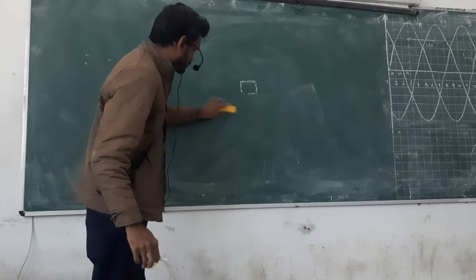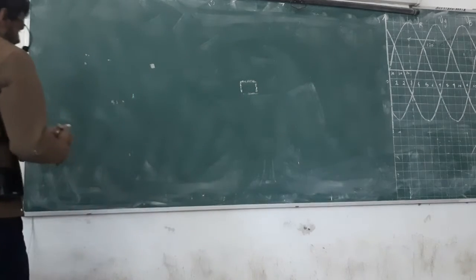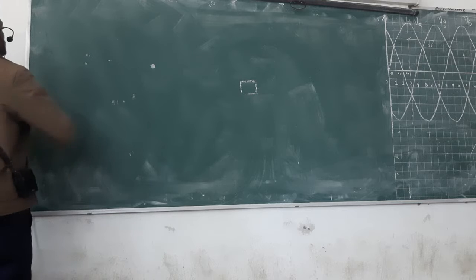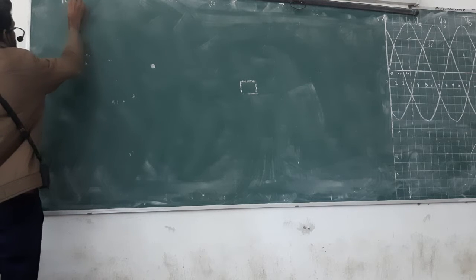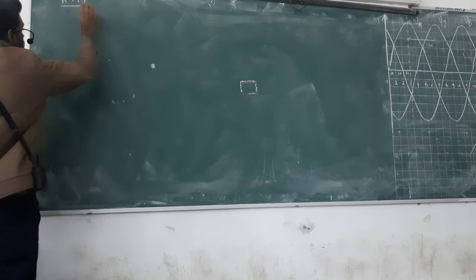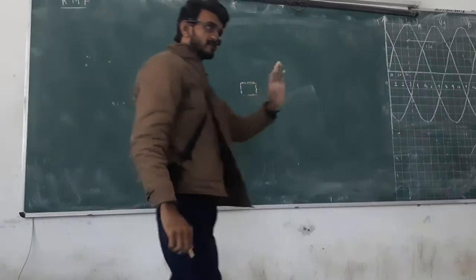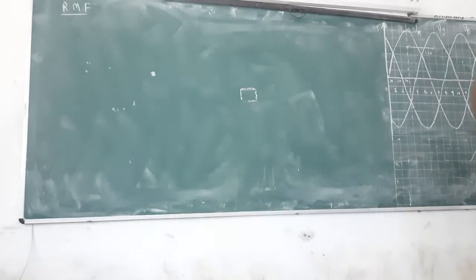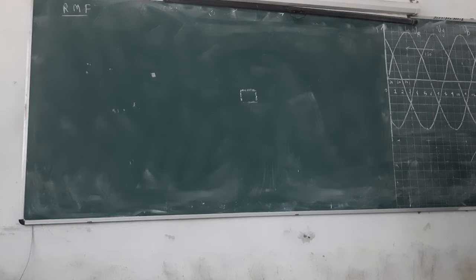Short form is RMF. Rotating magnetic field. MMF is a different thing. It's magnetomotive force. RMF is rotating magnetic field.